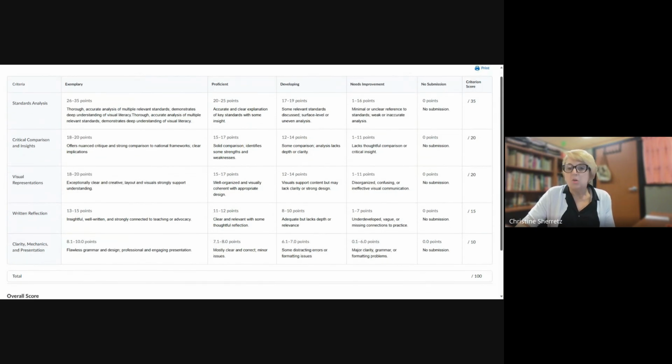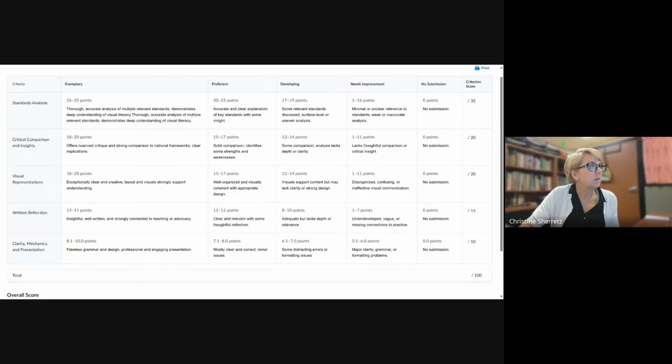Did you create a layout that is visually appealing to support understanding? Is your written reflection connected to teaching? And the reason I put teaching or advocacy is because many times we use visual literacy to support advocacy. So either one. And then, do you have correct grammar, and is the design professional and engaging? So that's the rubric.